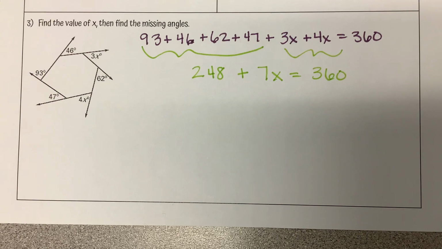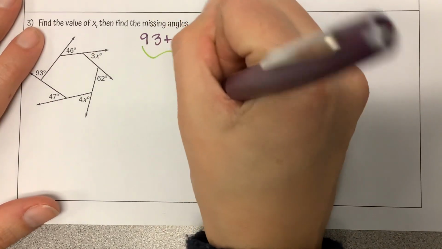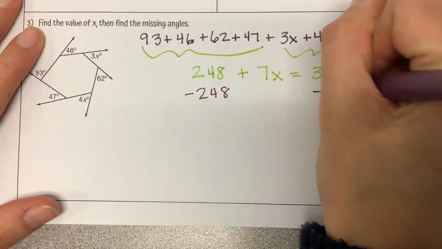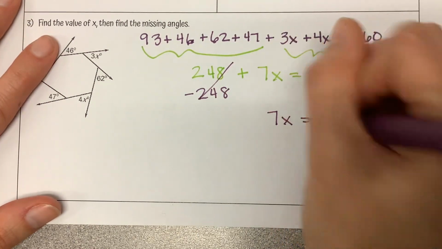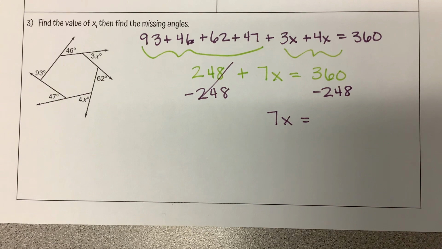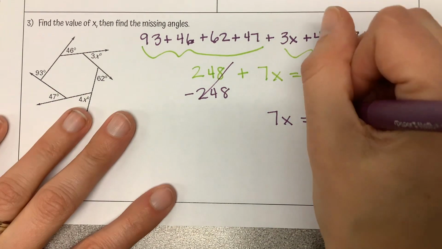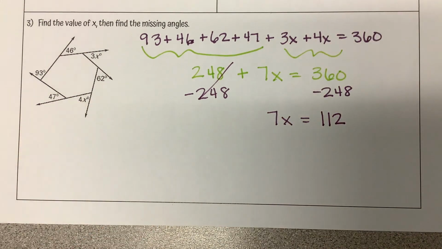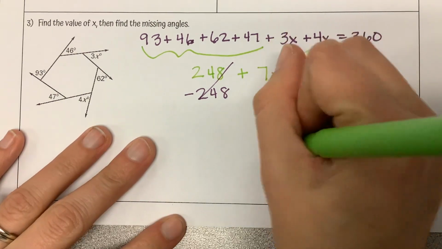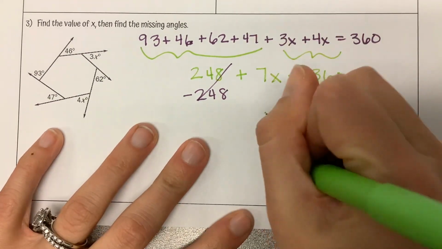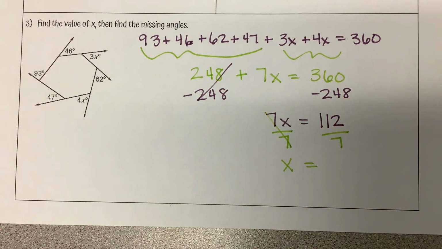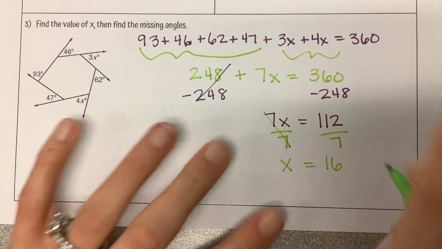We got a two-step equation here. I'm going to get rid of this 248 by subtracting it, which leaves us with 7x is equal to 112. And last step, x is being multiplied by 7. The opposite is to divide by 7. And we get that x is equal to 16.